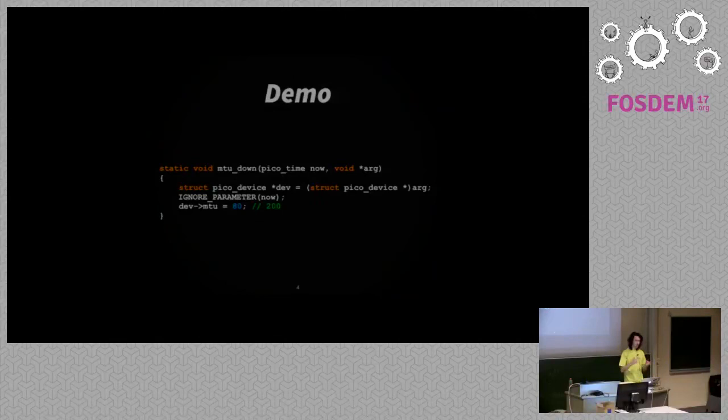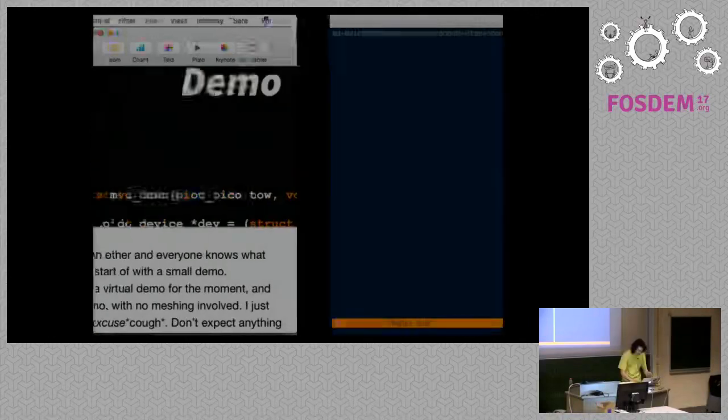We have a virtual radio network in picoTCP that can simulate radios, and just to give you a sense of the flexibility of 6LoWPAN and picoTCP, I set some timer events that change the MTU of the device, for example to 127, to 80 bytes, and later on to 200 bytes. So 6LoWPAN and picoTCP adapts to that.